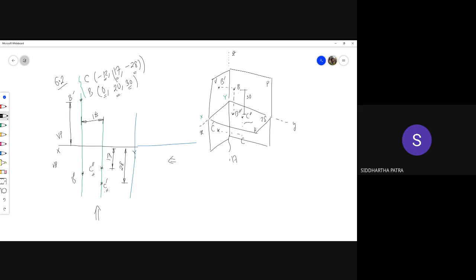Okay, it should be above the dimension line. So let's say if this is 30, I'm writing it to be 30.